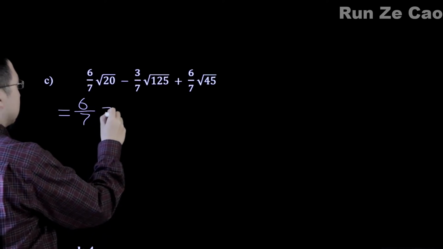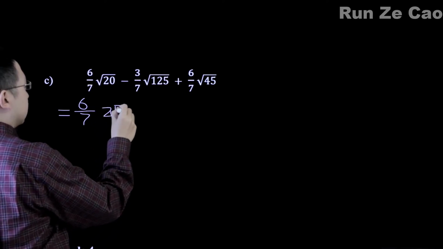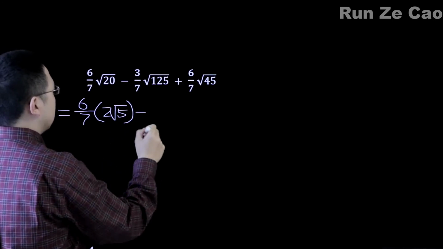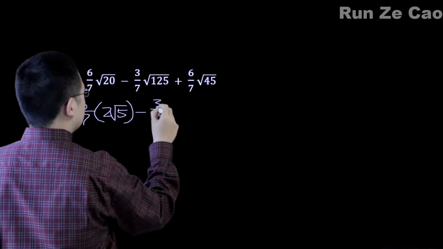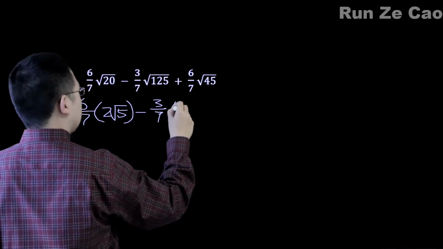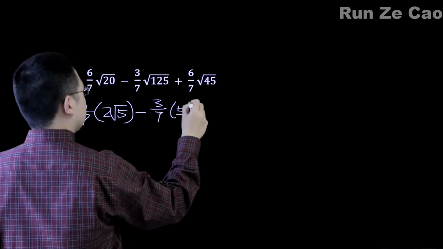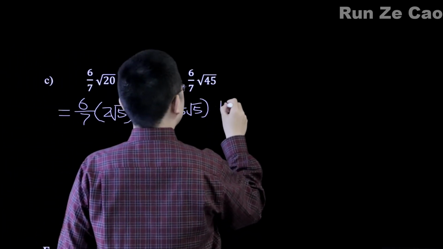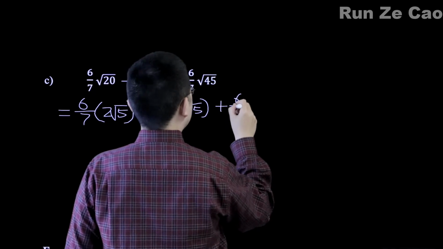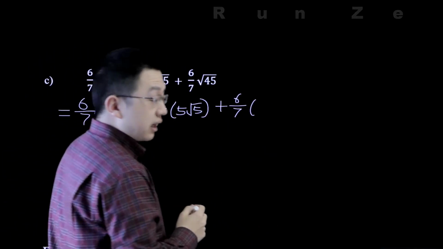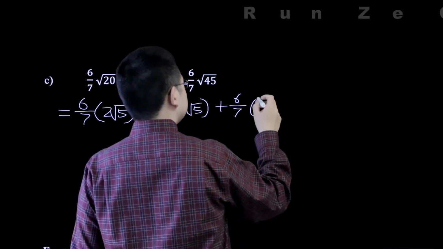So if we're being exceedingly cautious, we get something like this, because 20 is 4 times 5, and 4 is a perfect square, minus 3 over 7, 5 root 5, plus 6 over 7. 5 times 9 is 45. 9 is a perfect square.